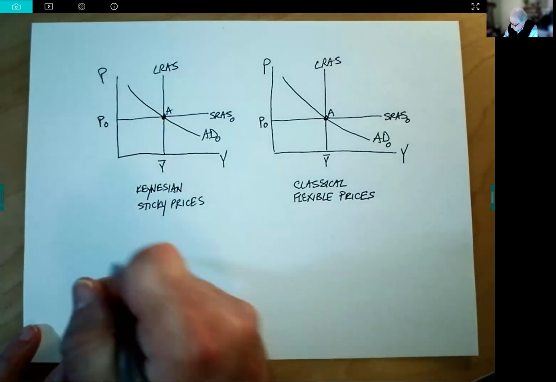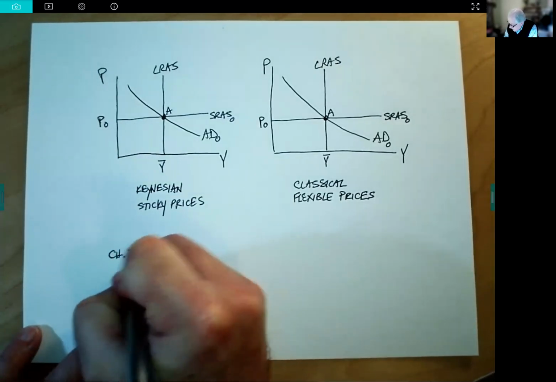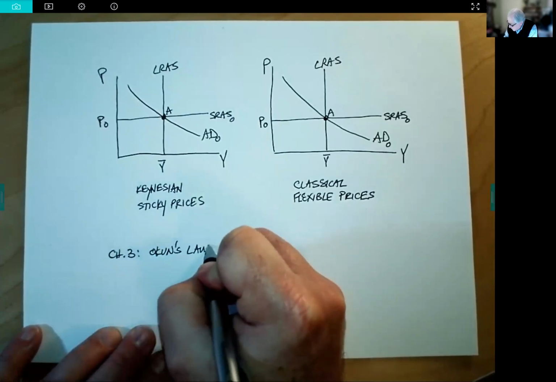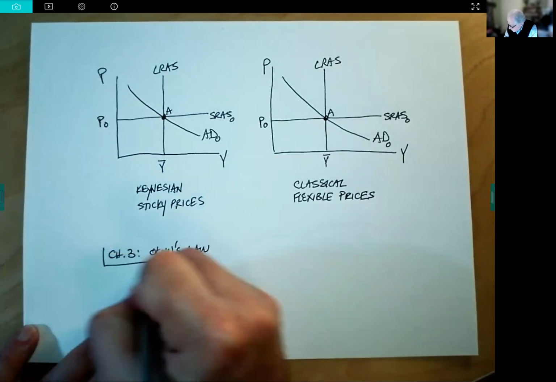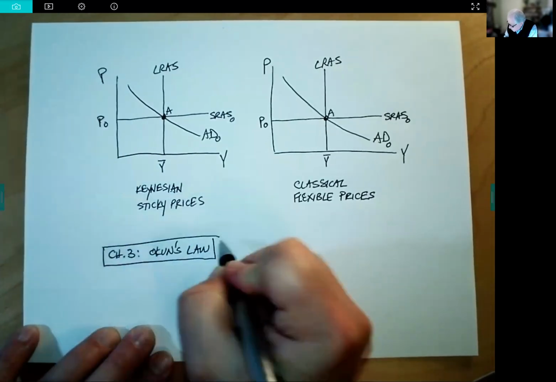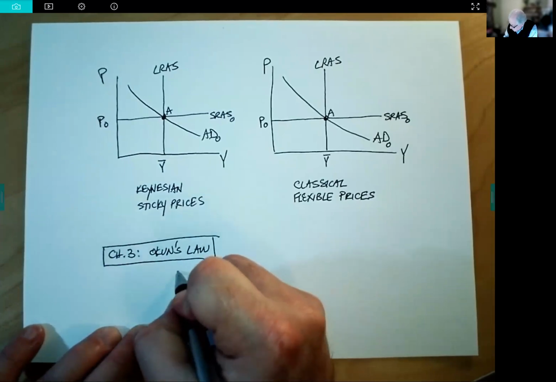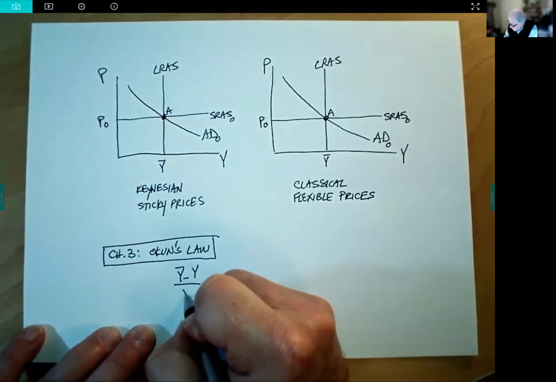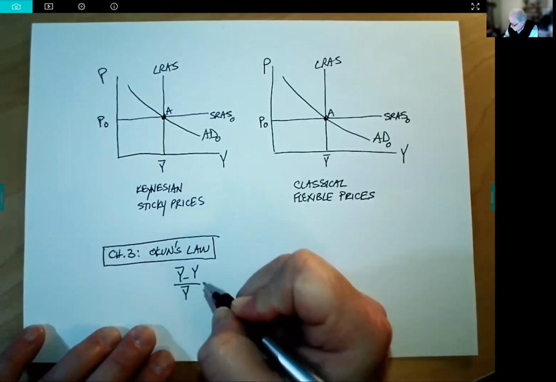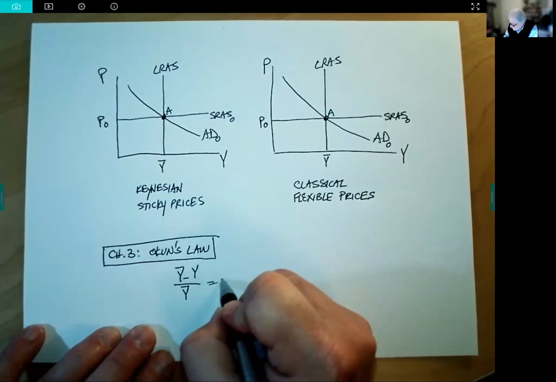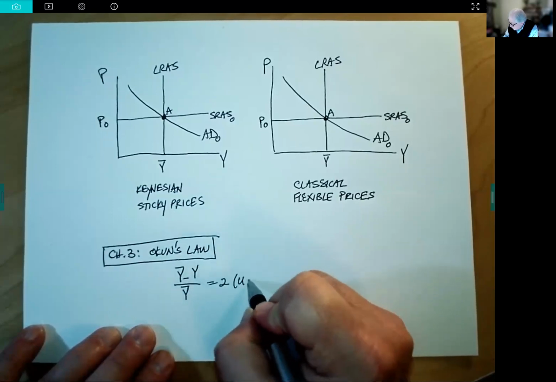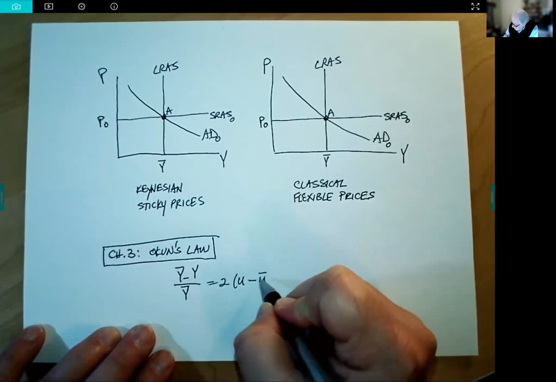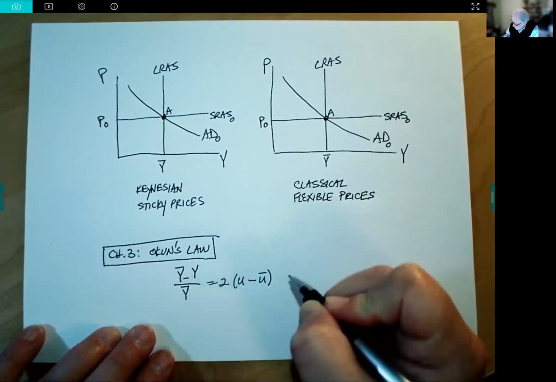We need to go back for just a moment to Chapter 3 and talk about something. If you look toward the end of that chapter, Okun's law, just to be really clear about things. Okun's law is written as potential GDP minus the actual level of GDP over potential GDP equals 2 times the actual level of unemployment minus the natural rate, or the level of unemployment at full employment.